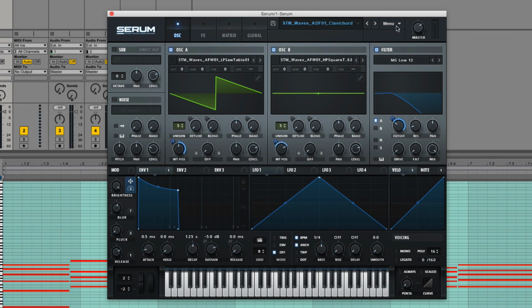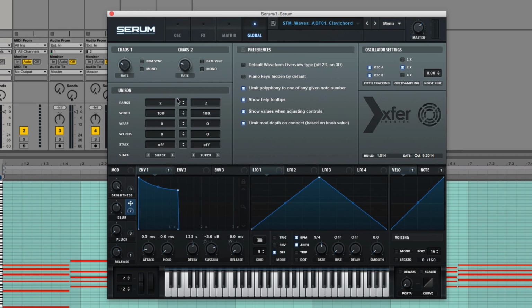And then it changes the filter cutoff. Next we have blur. Blur is detune, blend, random with unison of 5. And we're at full width. And I set it to super saw stack.